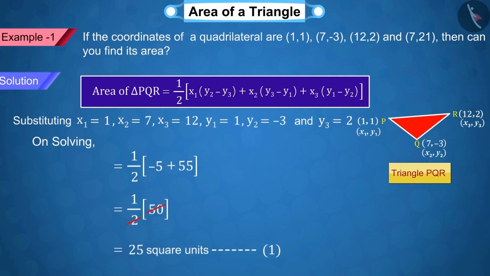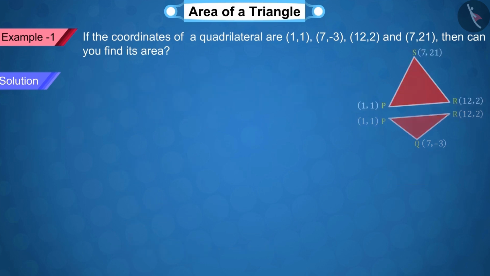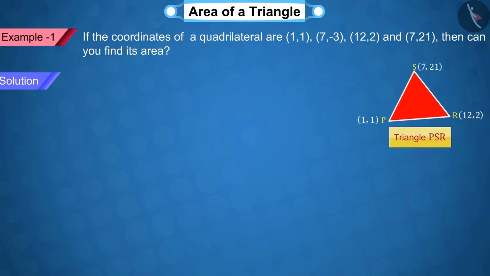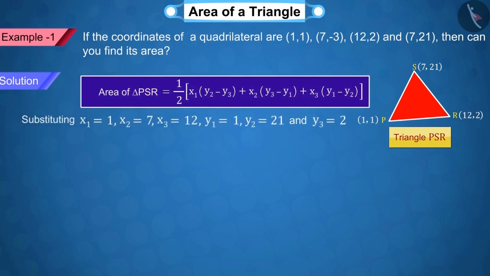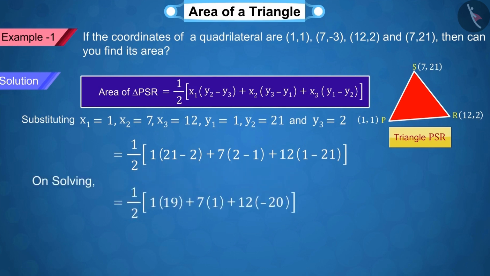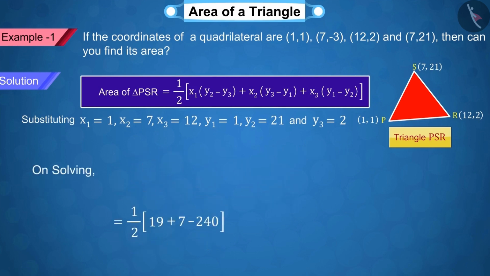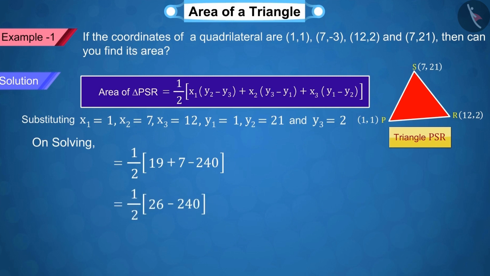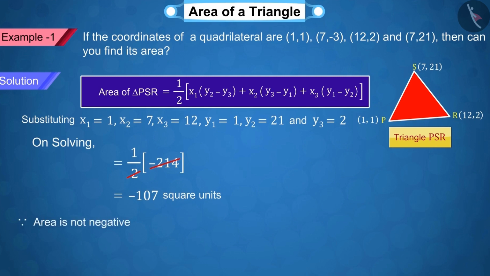From which we get the area of a triangle PQR as 25 square units. Can you find the area of triangle PSR? Correct.